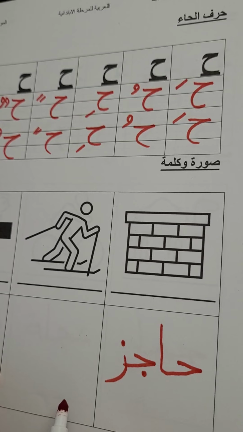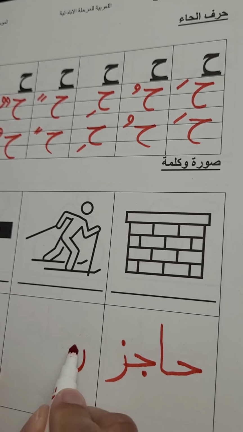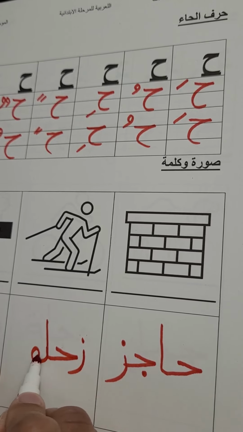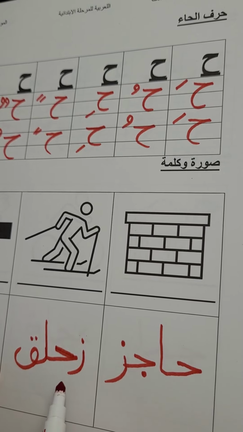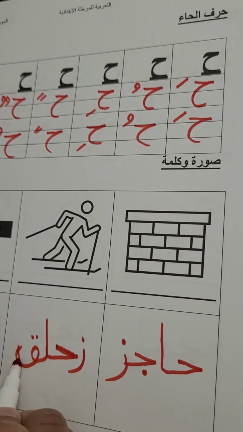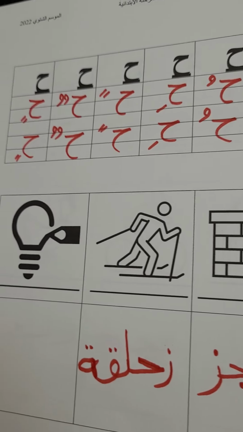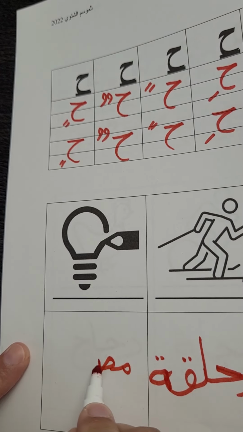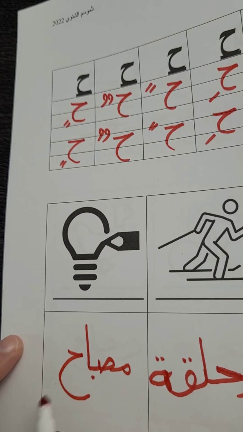Now this one is zahlaqa, he is skating. Ha in the middle here. Zahlaqa. And you have misbah at the end. Misbah. Ha in the end.